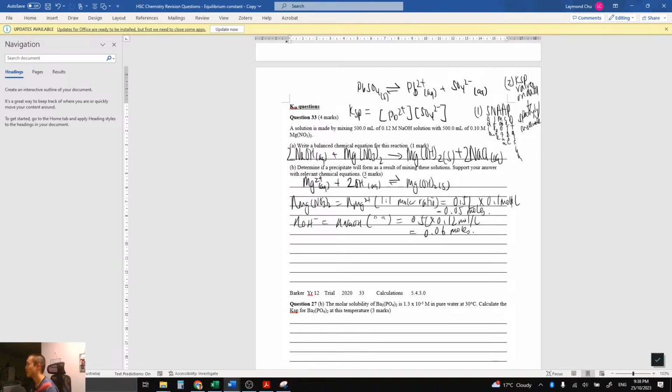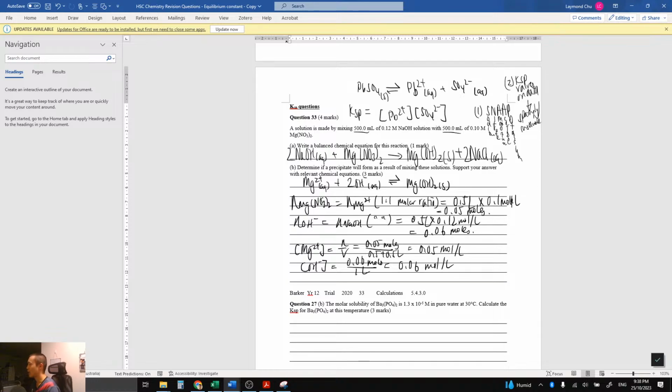So how do we do that? Because we've mixed those two together, they've all of a sudden got different concentrations because we've added two volumes together. The volume we use is the combined volume of these two solutions. So our Mg2+ concentration would be n over V, which is 0.05 moles over 0.5 plus 0.5 liters, which is 0.05 moles per liter. Our OH- is the same: 0.06 moles over 1 liter, which is 0.06 moles per liter.